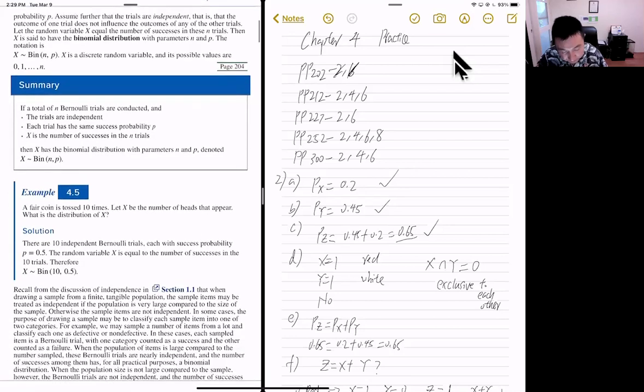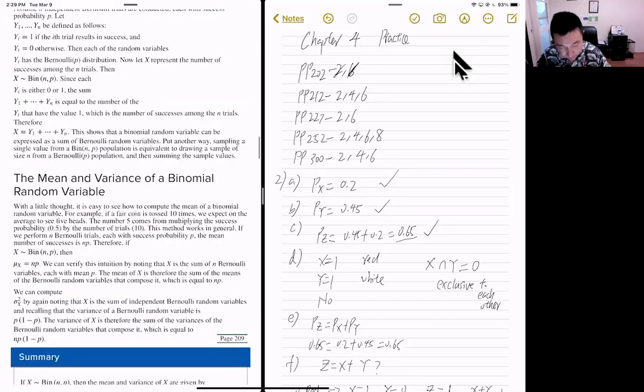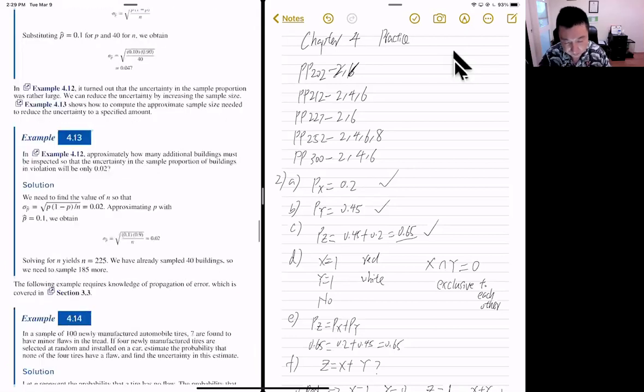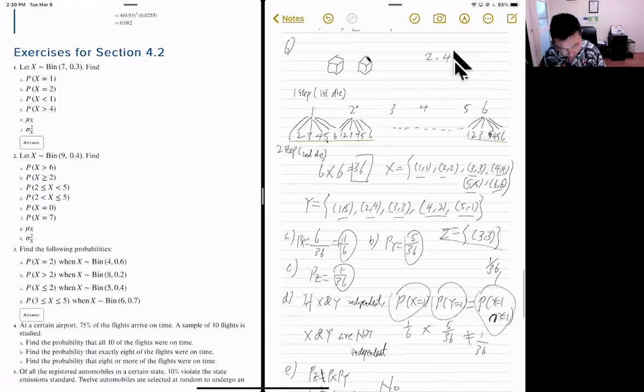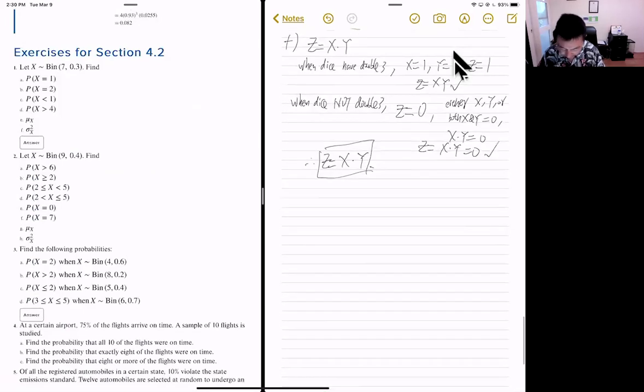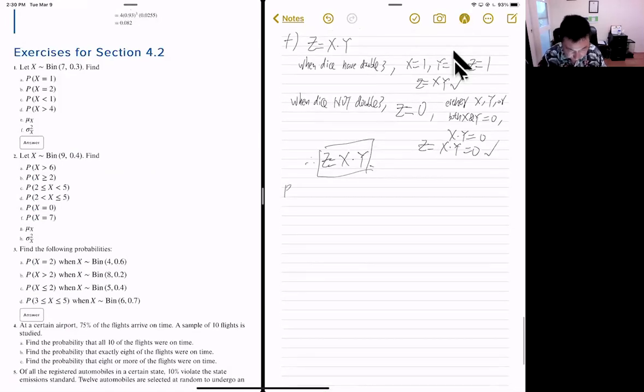So, question number 2: X follows a binomial with parameters 9 and 0.4, and find different probabilities.